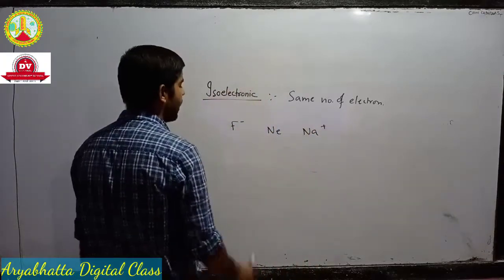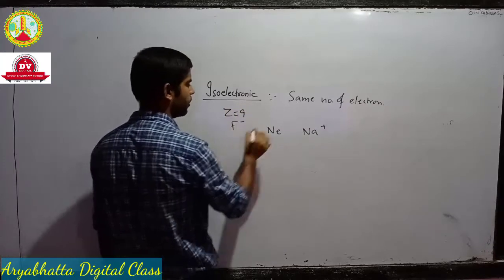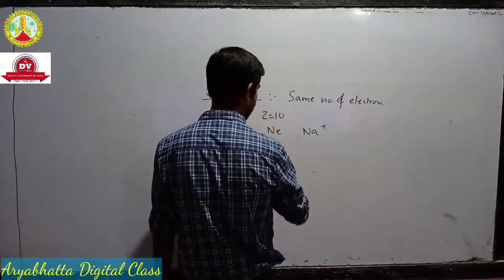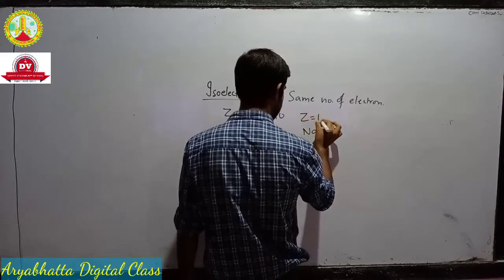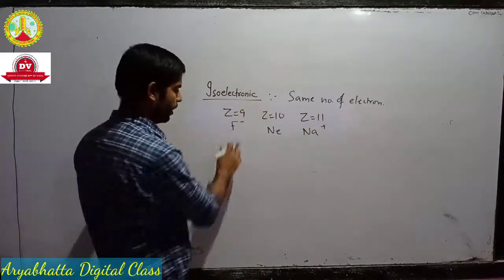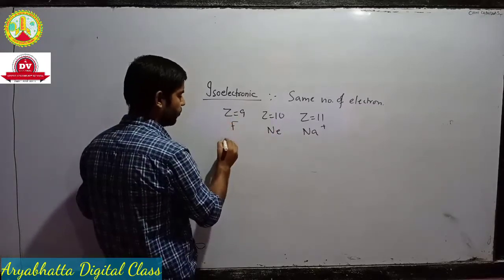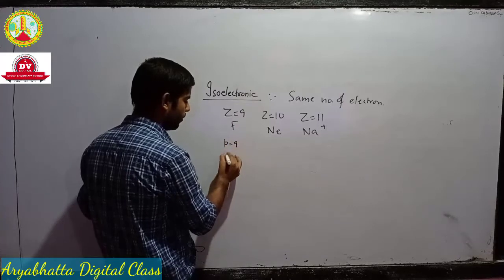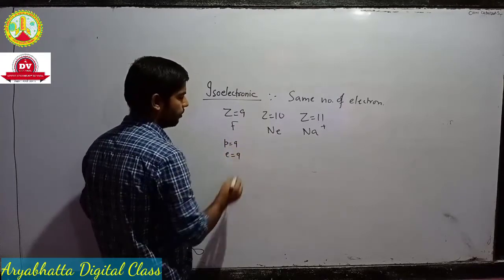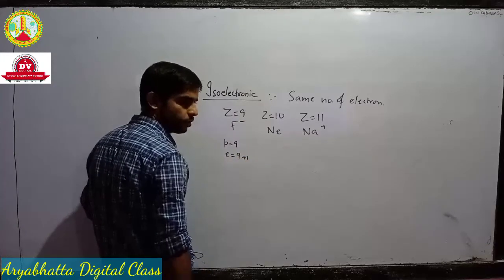Now see, atomic number of fluorine is 9, neon is 10, sodium is 11. Now see, if fluorine is neutral, if there is no charge, then number of protons is 9 and number of electrons is also 9. But since it has a negative charge, that means there is one extra electron.